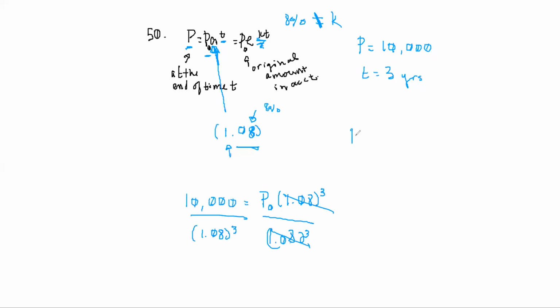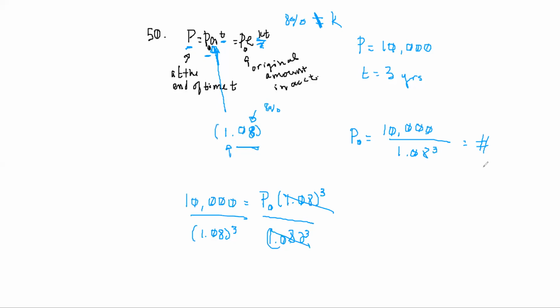And so I end up with P naught is equal to 10,000 divided by 1.08 to the 3. Okay, this is some number. Again, I don't have a calculator, so I can't tell you exactly what that number is. If somebody finds it, you can go ahead and put it in the chat and I'll put it up on the board.